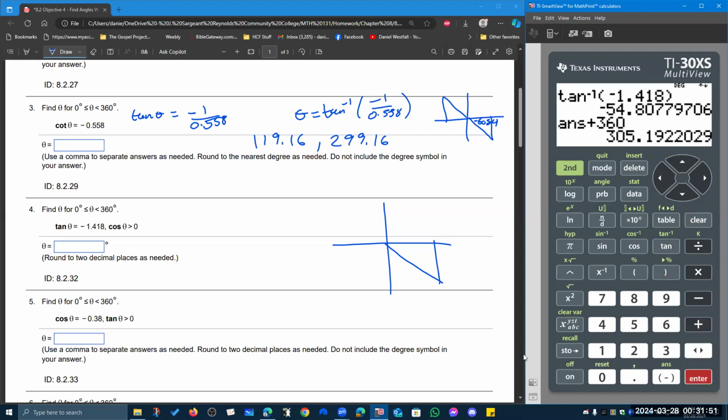This is going to be 305.19. That's the only answer. I had negative 54.81, but I wanted to go this way and get a positive answer of 305.19.